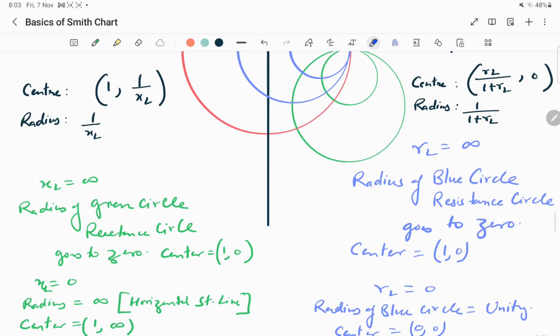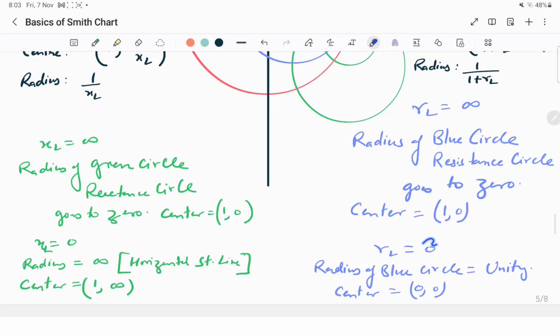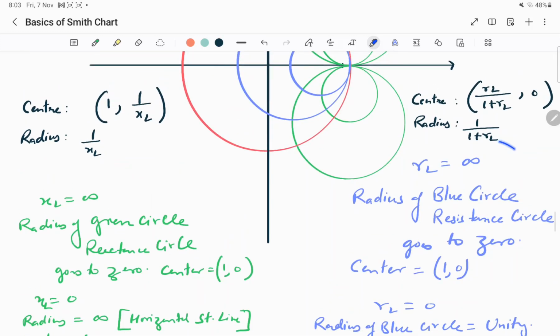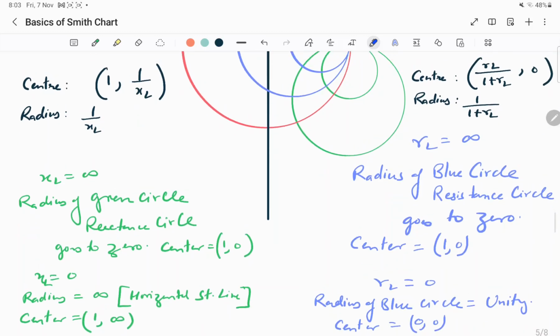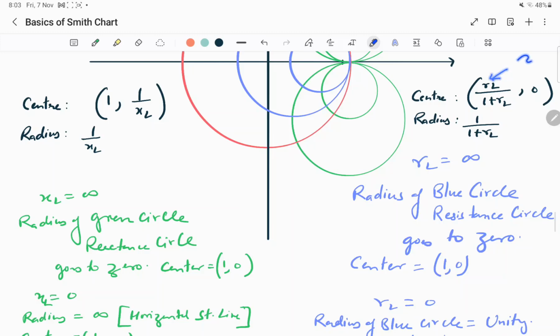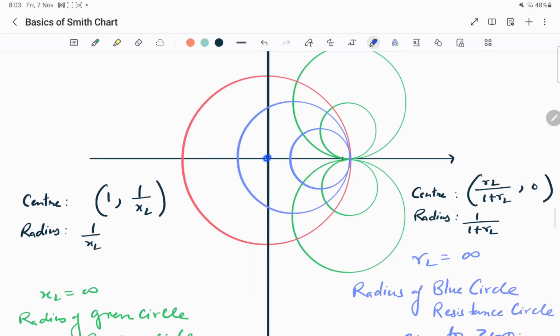Okay, similarly, when you put RL equal to 0, that is the load resistance is 0, the radius of the blue circle becomes unity and the center becomes 0 comma 0. So the center of the circle will be this origin, and the radius of the circle is unity, that is this entire Smith chart, the biggest circle in the Smith chart.